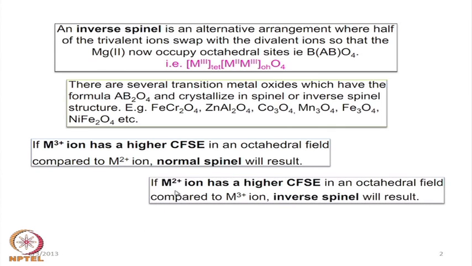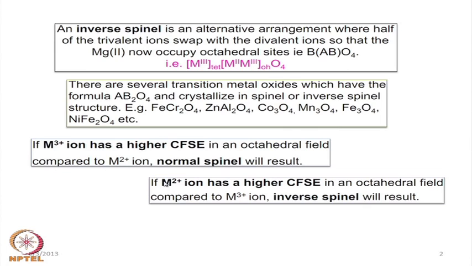But if the reverse happens, the important criterion is that M2 plus has a higher CFSE in the octahedral field. So, we have to compare the CFSE of M3 plus in octahedral and tetrahedral fields, as we have done earlier.